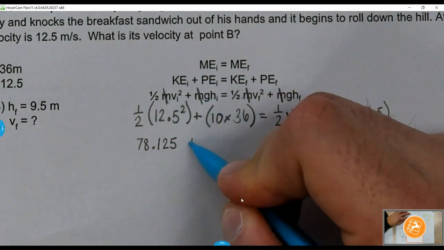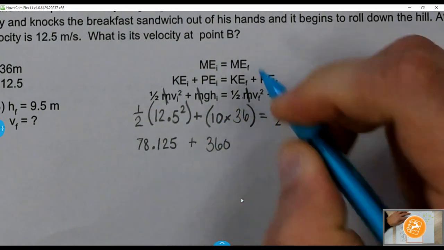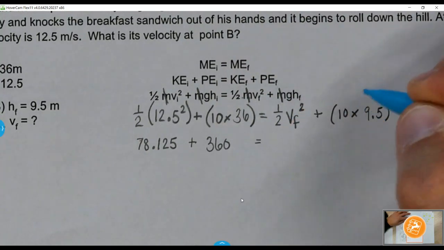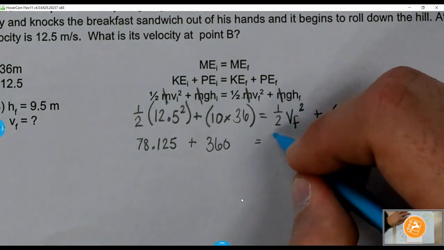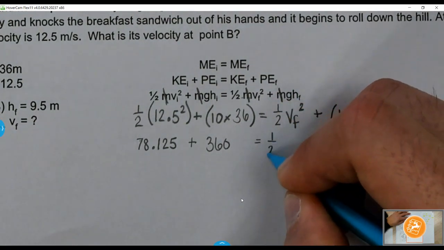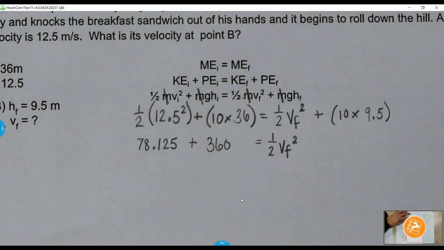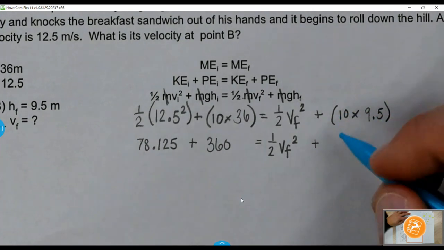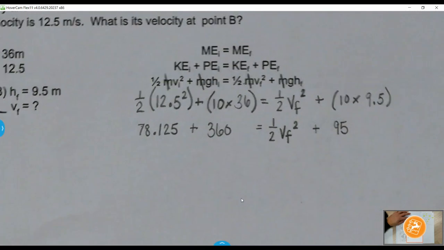Bring down your plus sign. 10 times 36 is 360. Bring down the equal sign. We still don't know this piece, so we have to bring that down because we don't have any of that yet. So 1/2 VF squared. Bring down our plus sign, and 10 times 9.5 is 95.